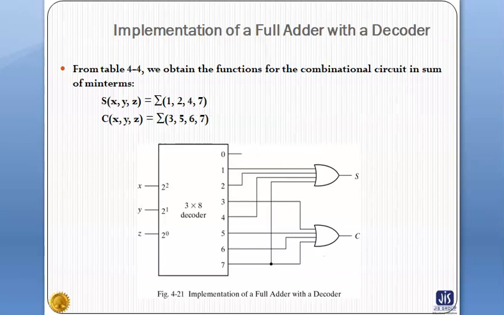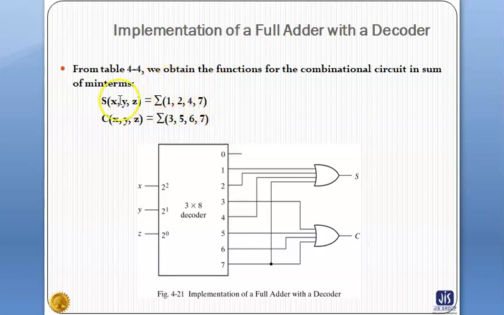Here is an example for implementation of a full adder with the decoder. As we know, the expression for the sum output of the full adder circuit is equal to summation of m 1 2 4 7, and for carry it is equal to summation of m 3 5 6 7.